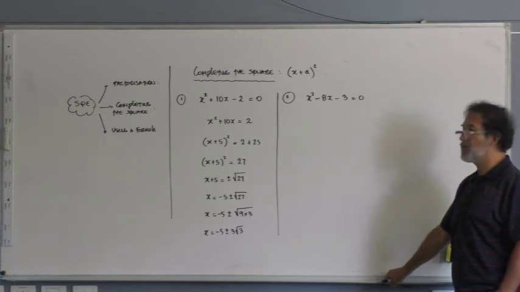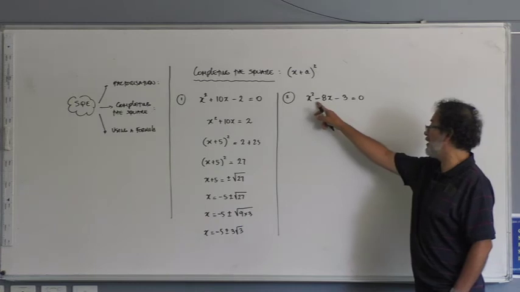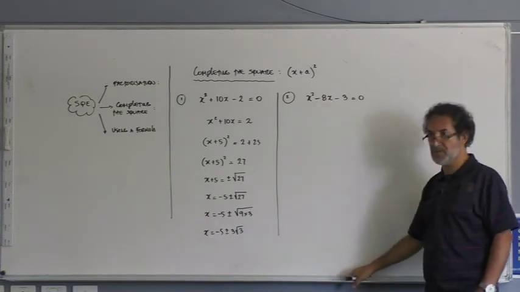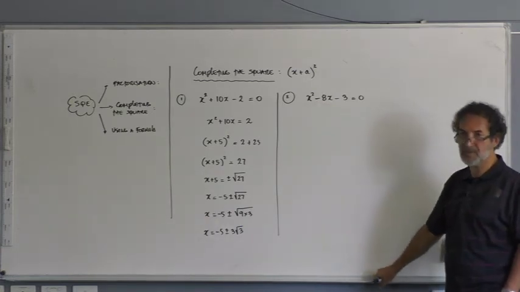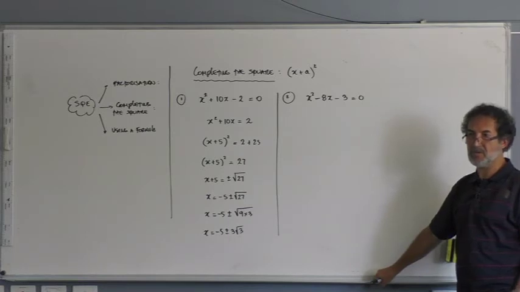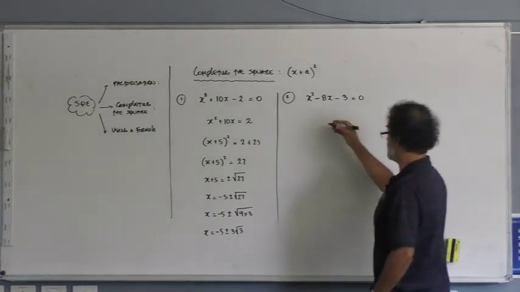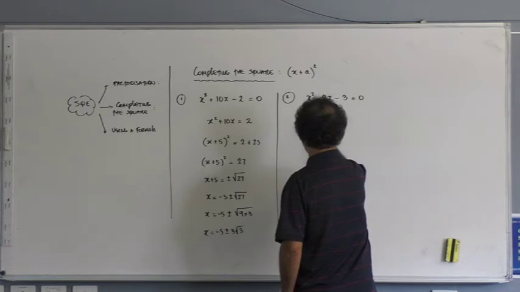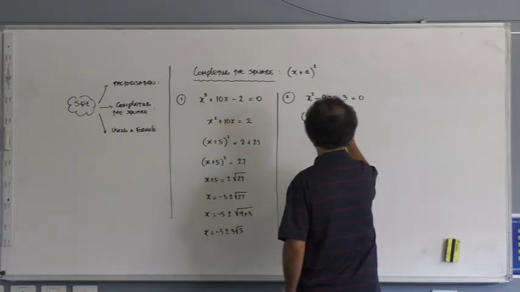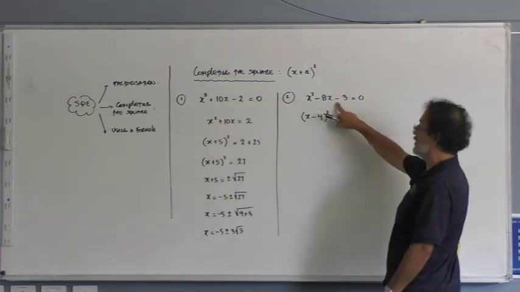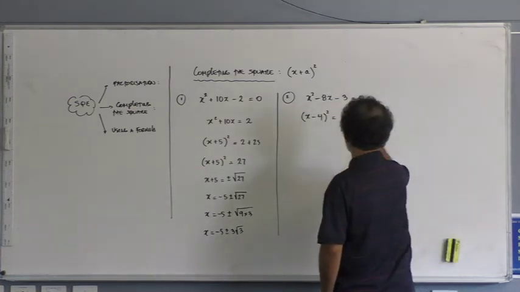Okay, so step number 1, we have to divide this negative 8 by 2. So what is the answer for negative 8 by 2? Negative 4. So underneath you're going to put x minus 4 squared. Oh yeah, we forgot to move the 3, so you're going to move it in here. That's what we should do all the time first.